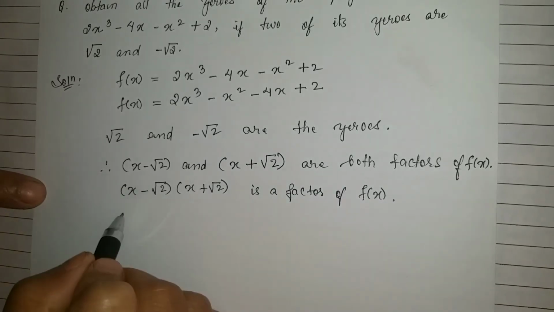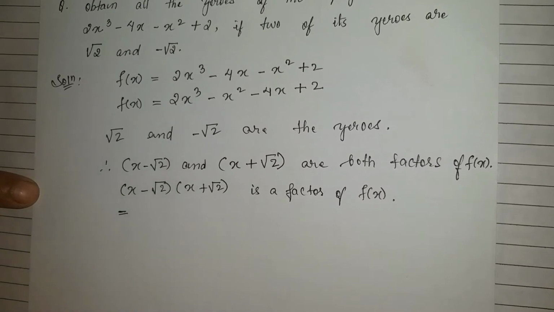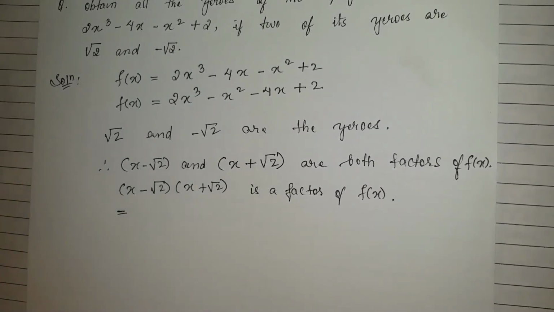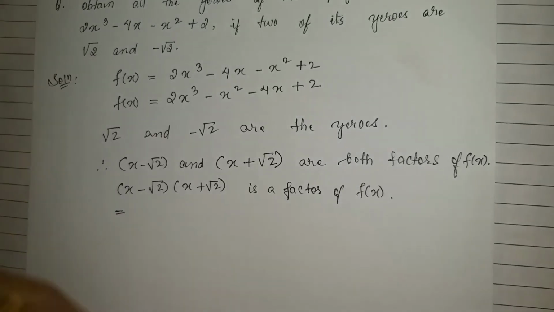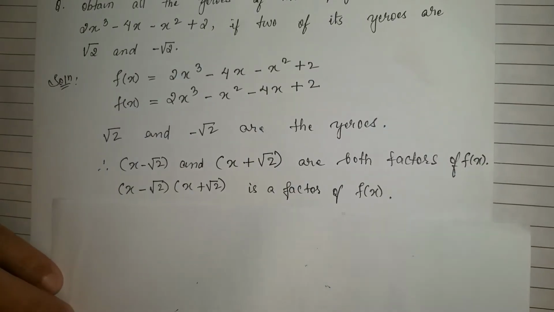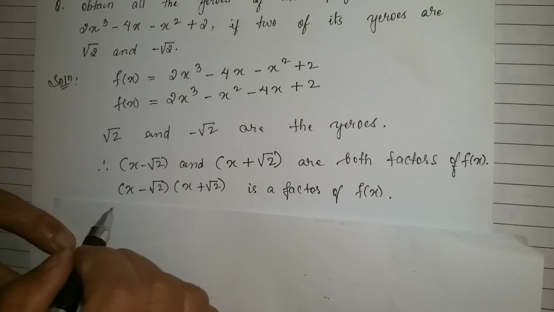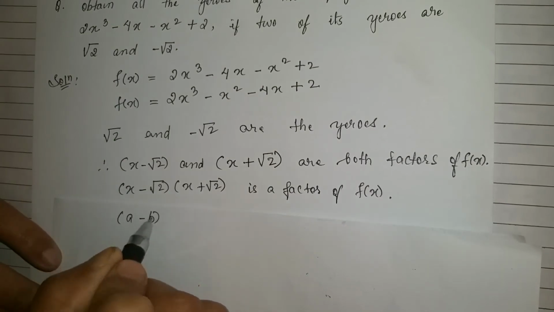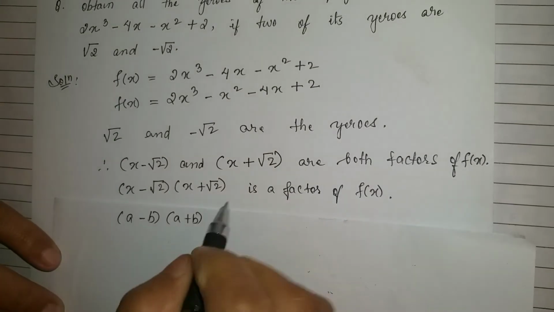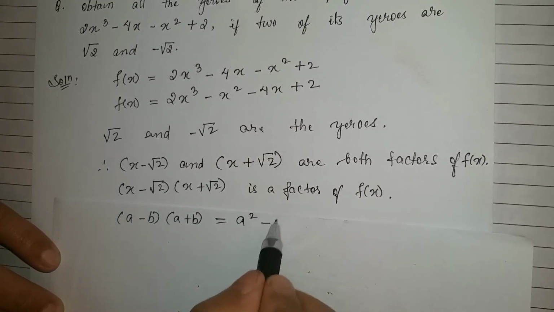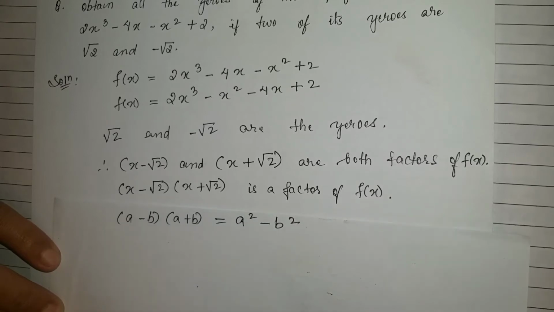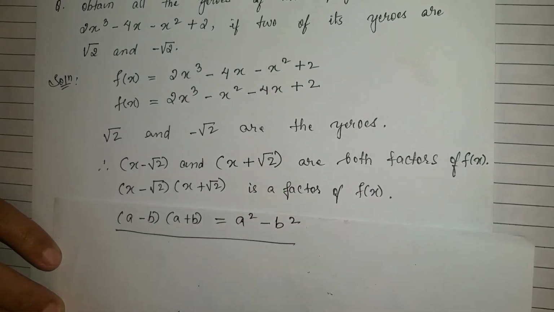Now what do we get from here? We'll make use of this formula: a minus b into a plus b is a square minus b square.